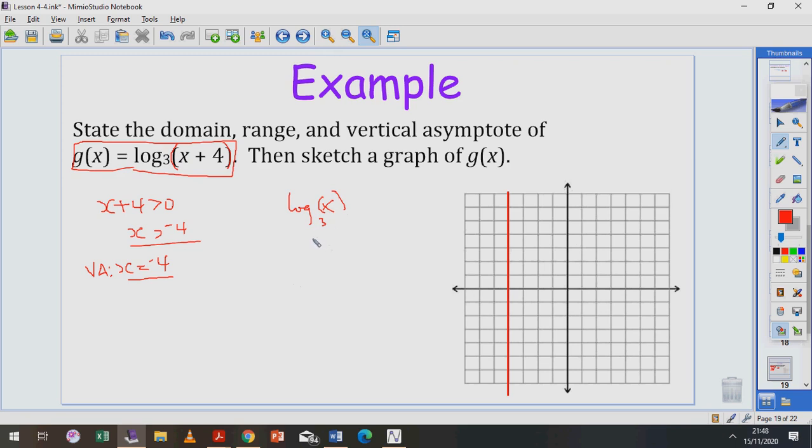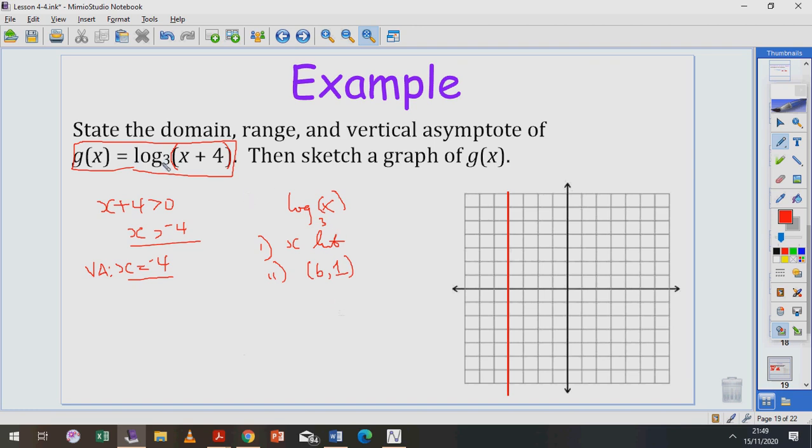For the graph of log x to the base 3, remember the two key points I need to look for: the x-intercept, and the point where the y value is 1. So I need that x value for which the y value is 1. When I have those 2 points, I can draw my sketch nice and easy.